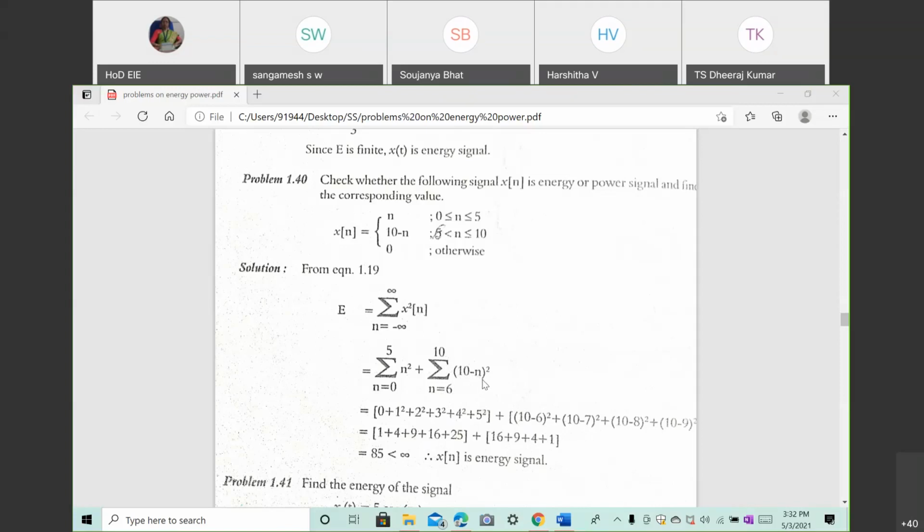Then n value 9, 10 minus 9 is 1, 1 square is 1. Like that we have to find the magnitudes. Finally, we get a simplified number, 85. That is less than infinity. Therefore, x of n is an energy signal.